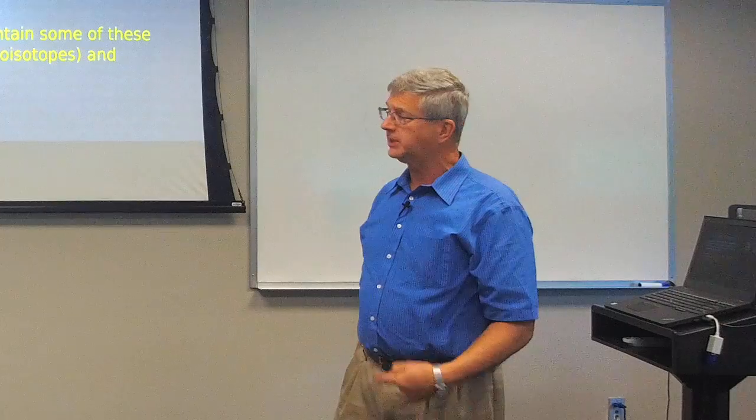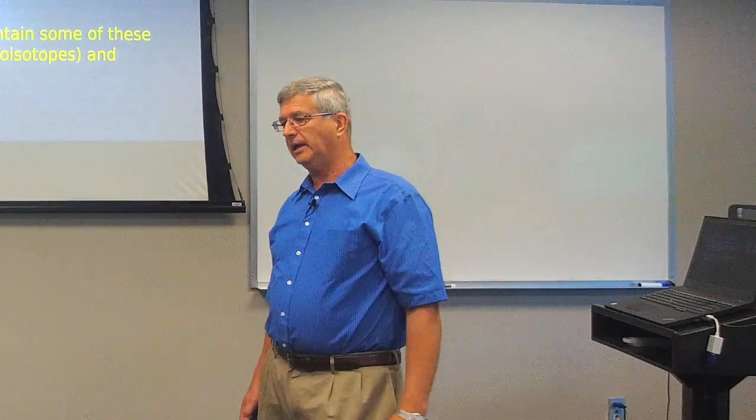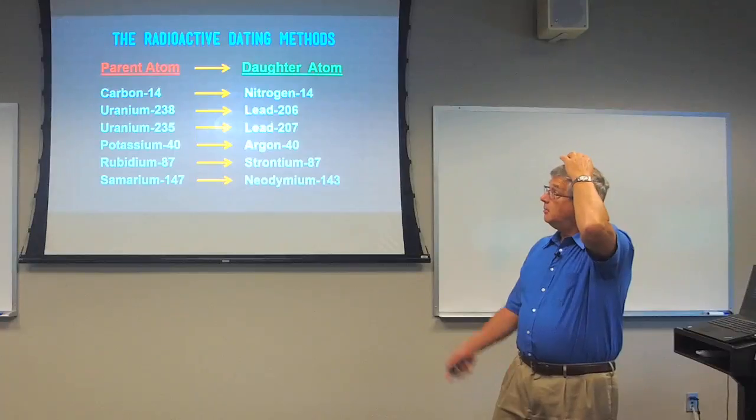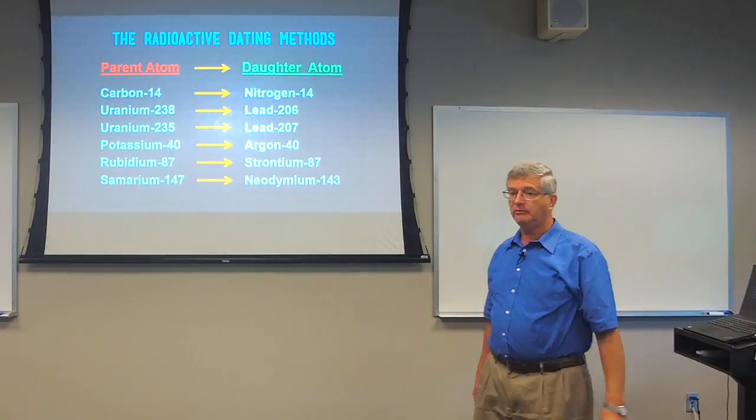I add fossils there because it is possible to date some fossils, and it's being done now using radioisotopes, because if you've got the equipment to detect the trace amounts of these parent atoms and daughter atoms, then it is possible to directly determine a radioactive age for a fossil. But then there are all sorts of other assumptions that come into that we don't have time to look at. But here are the different methods that are available to use.